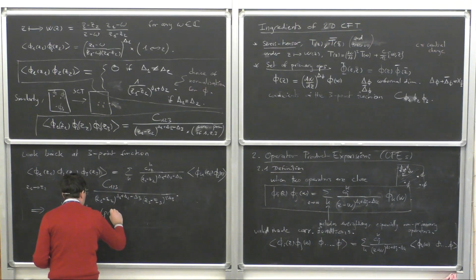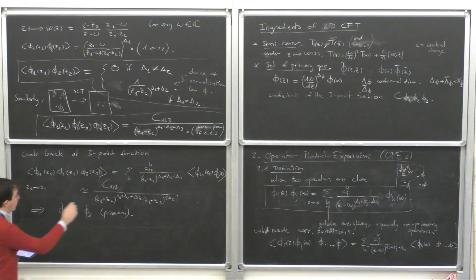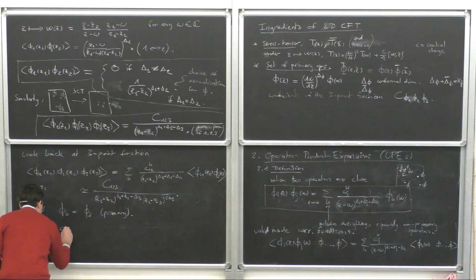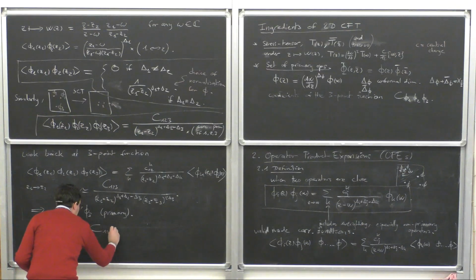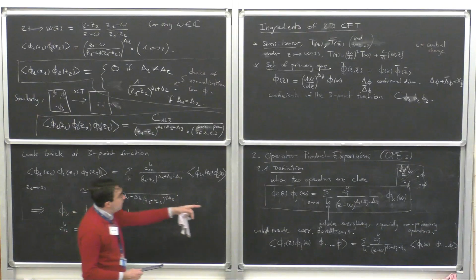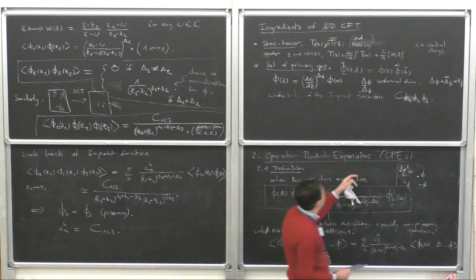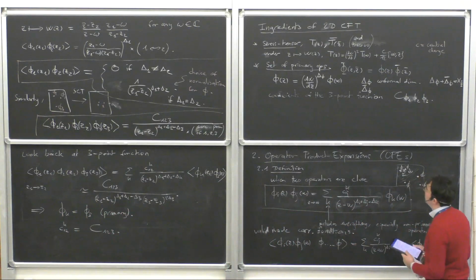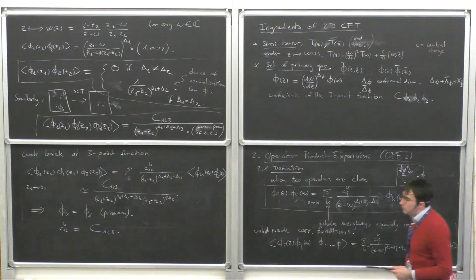The leading term in here has to come from a primary field, and on top of that, this constant that I've called C_12k is in fact equal to this capital C_123. So the coefficients that appear in the operator product expansion, at least for the primary operators, are the coefficients of the 3-point function.